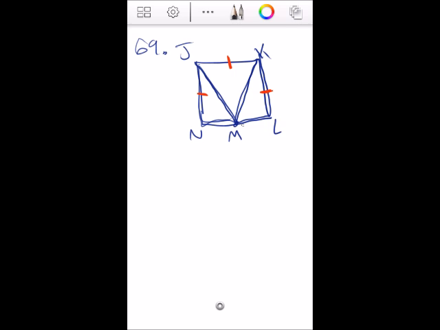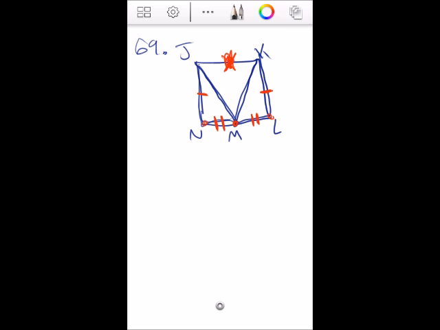So there's a reason I didn't draw anything down here from N to L, this line here. That's because the next statement is that M is the midpoint of NL. So M is in the middle of N to L. So that means that this piece here and this piece here must be equal to each other, right? So this piece is kind of useless to us because it's not really part of the two triangles we're focusing on, JNM and KLM. So we're not going to worry about that.